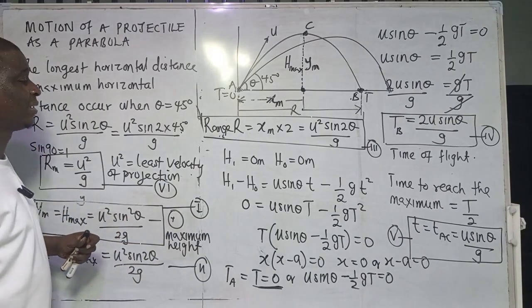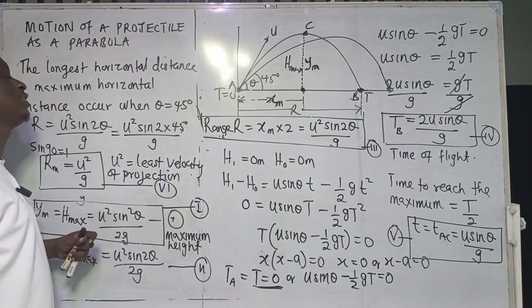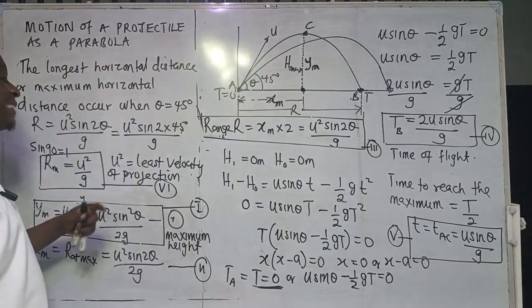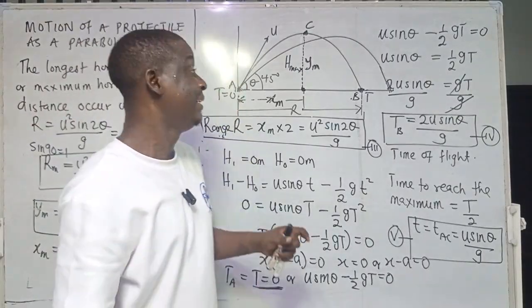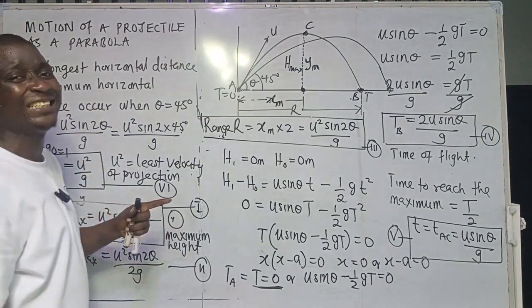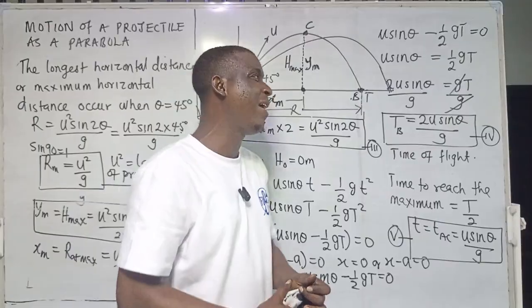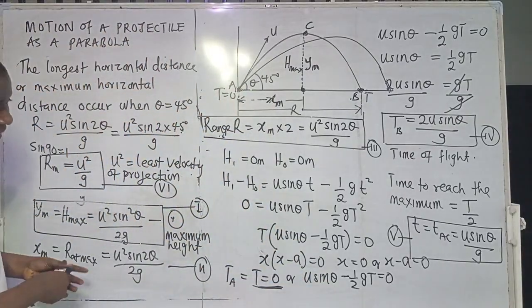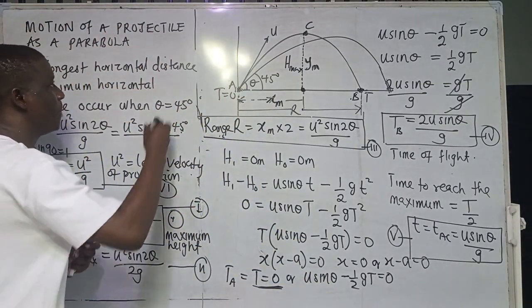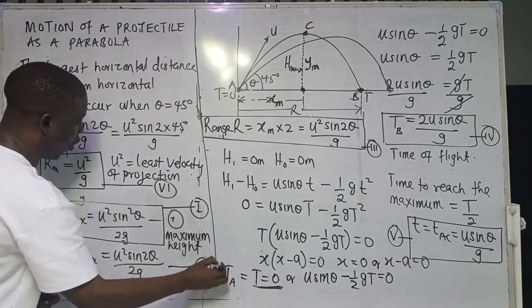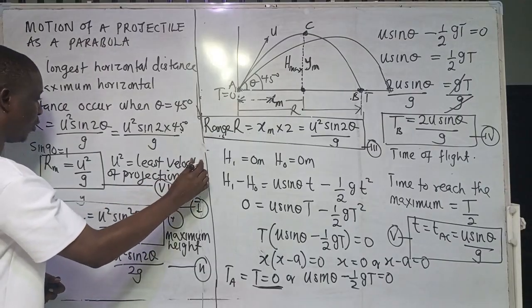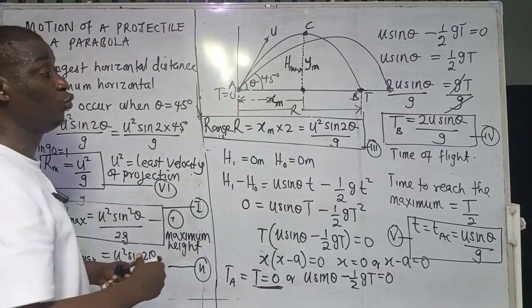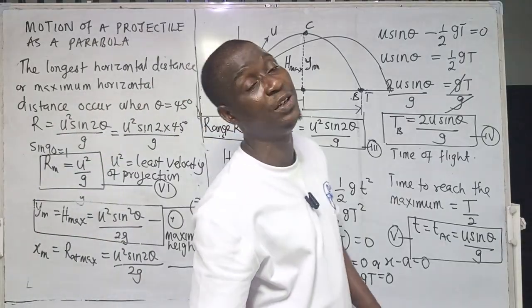And then the question is: at what angle will the range be minimum? When theta is equal to 0. Range will be minimum when theta equals 0. Or better, at what angle of projection will the range be 0?